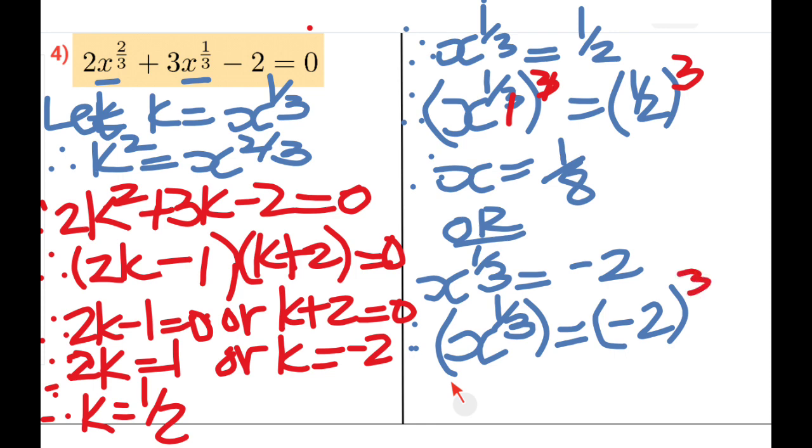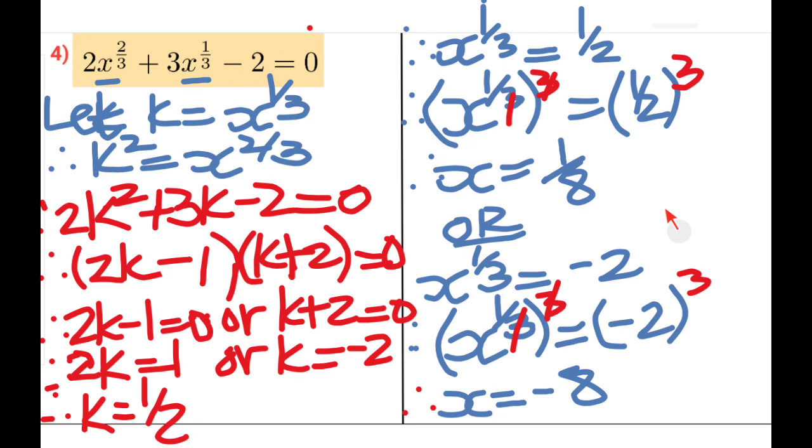So raise that to the power of 3. The 3's cancel out. Now you've got, therefore, x equals negative 2 cubed, that's negative 8.